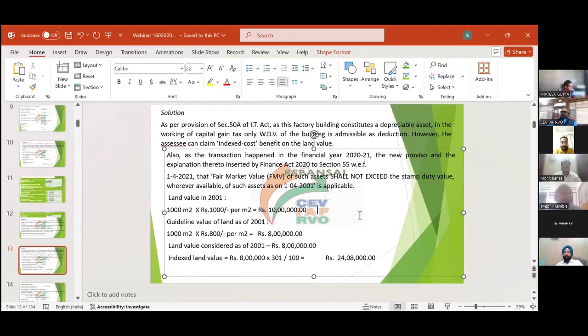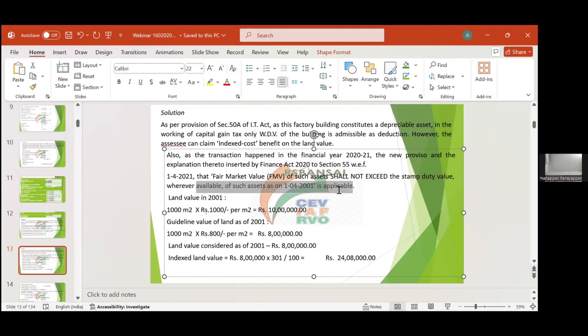So, as the transaction happened in 2021, the new provision of the explanation inserted by the Finance Act in Section 55 is applicable, whereby the fair market value of such asset shall not exceed the stamp duty value, wherever applicable, of such asset as on 1st April 2001.